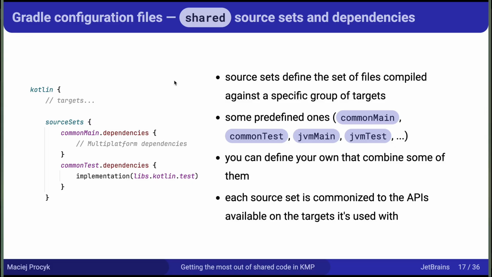So, for example, if you include many targets, let's say each target that the Kotlin compiler itself supports, then you might end up in a situation where in the common source set you can use only the Kotlin standard library, because those are the APIs available on all platforms, and even not all APIs from there are available on all platforms. But if you put your code in the common main source set and you have only an Android target, then you could possibly use Android-specific APIs, even though you work in the common main source set.